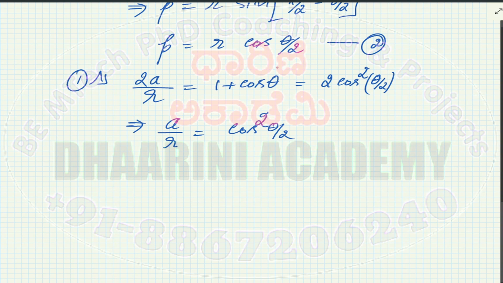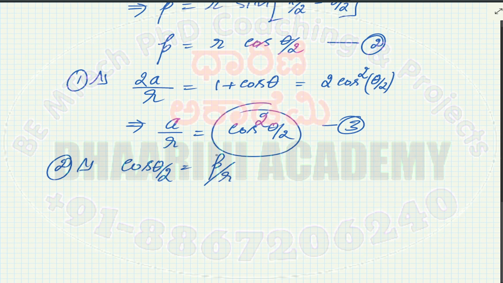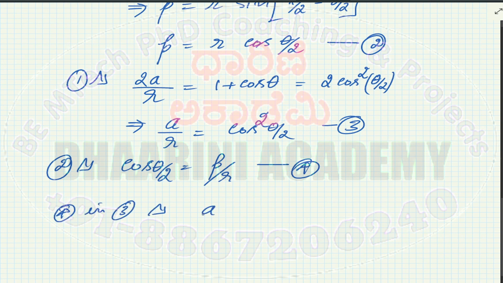From equation number 2, I know that cos theta by 2 is p by r, right? I can see that cos square theta by 2 is nothing but the square of this, correct? I can put this. So this is 4. So 4 in 3 gives a by r, which is equal to cos square theta by 2, but cos theta by 2 is p by r.